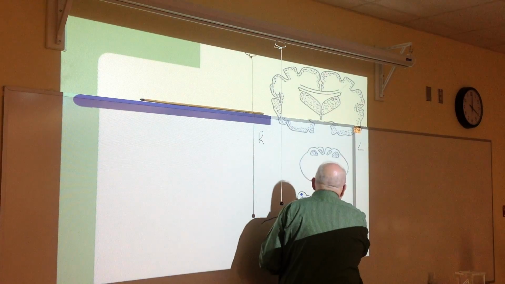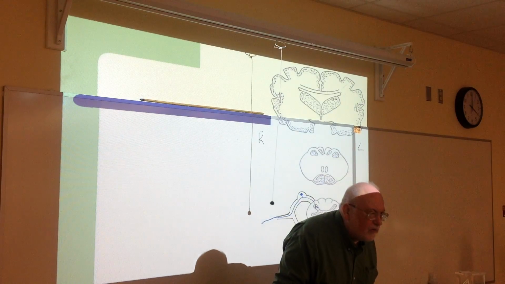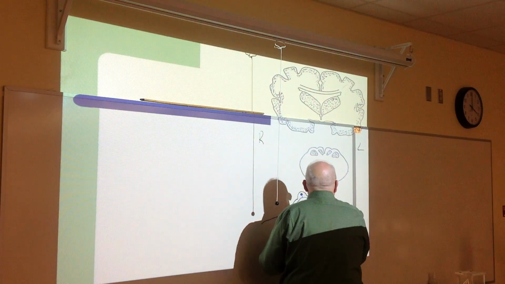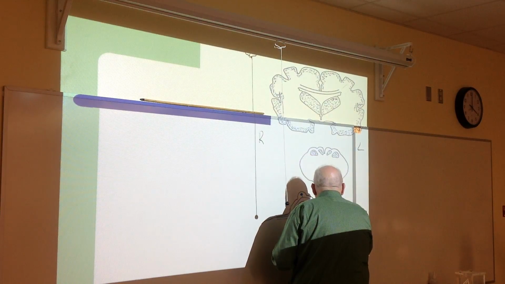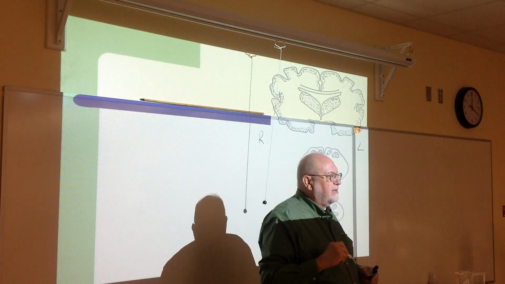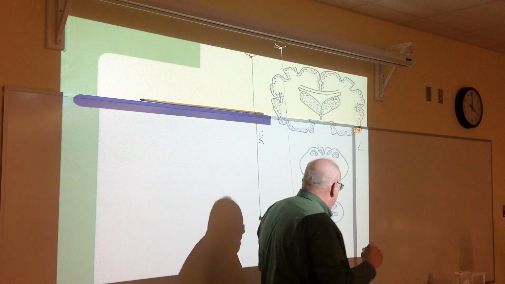Now, here in this posterior gray horn of the spinal cord, we find that it synapses with the cell body of another neuron, and this is going to be essentially a multipolar neuron.